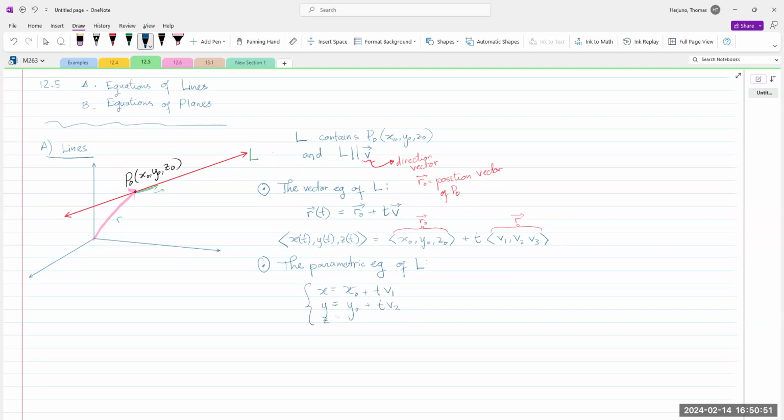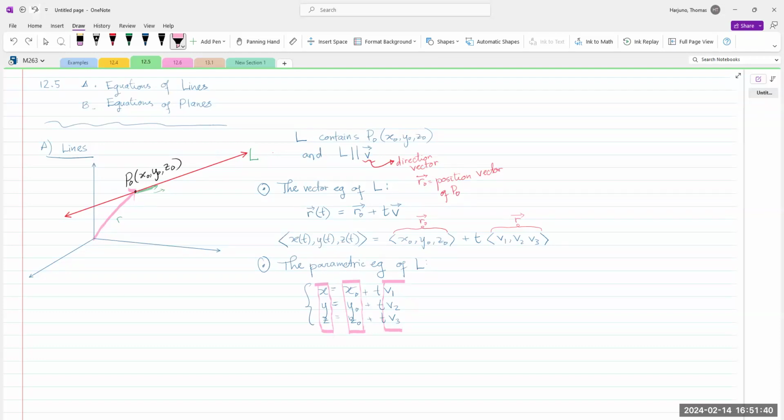And the z component is z0 plus t v3. Notice that r(t) equals the position vector r0 plus t times the direction vector v. That's the parametric equation. So if you know the vector equation, you know the parametric equation, and if you know the parametric equation, you know the vector equation.